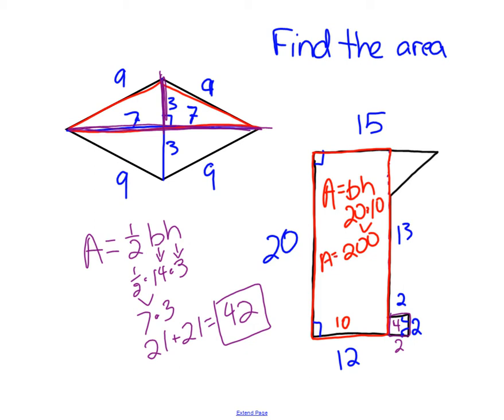Okay, that just leaves our triangle. So what would be this length right here? 5, because if this is a rectangle, if the bottom is 10, that means the top also has to be. And for this entire length to be 15, this leftover part has to be 5.